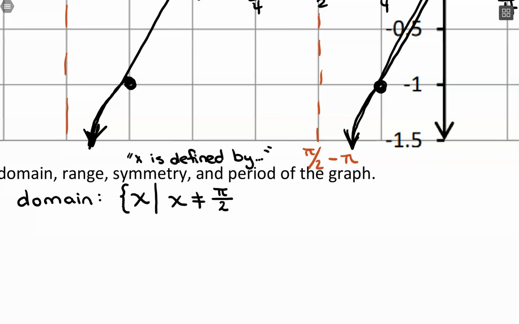But also, what we don't want are these intervals of pi adding and subtracting from pi over 2. So how I'm going to represent that is adding on pi multiplied by some number, where that number is an integer. So what I want is some notation here that says k is an integer.